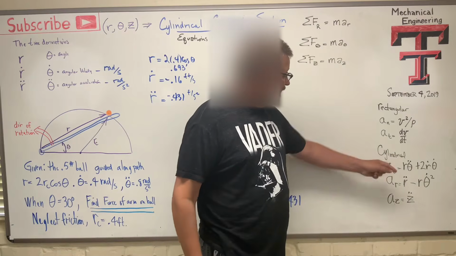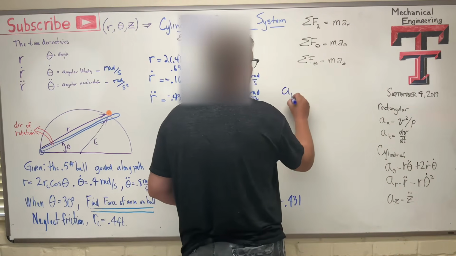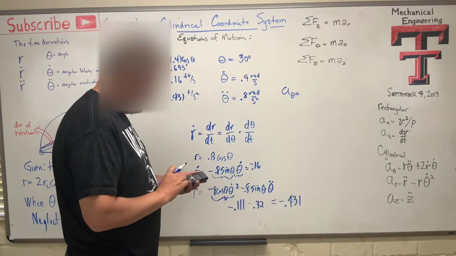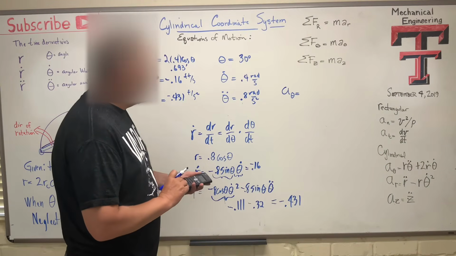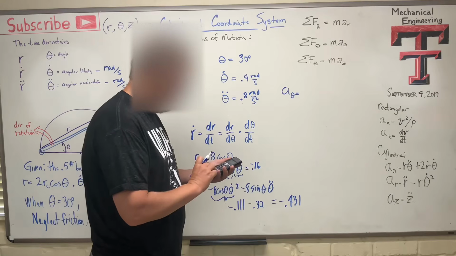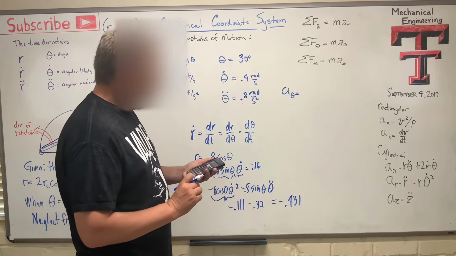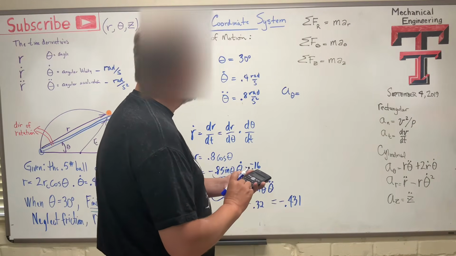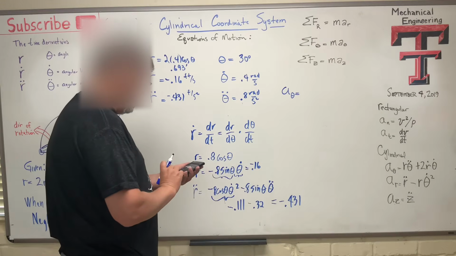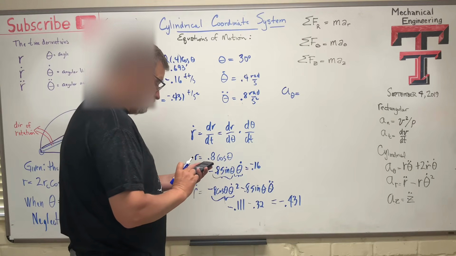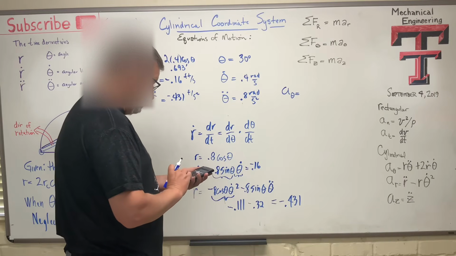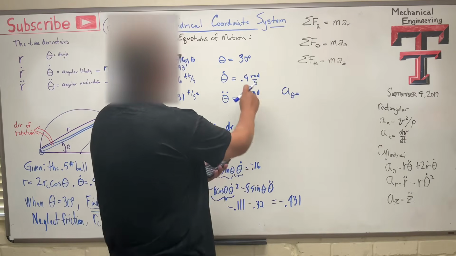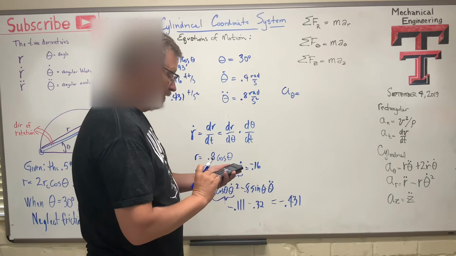So a theta is equal to r, which is 0.693, times theta double dot, which is 0.8, times 0.8, equals 0.554, plus 2 times r dot, negative 0.16, times r theta dot, which is 0.4 times 0.4, equals.